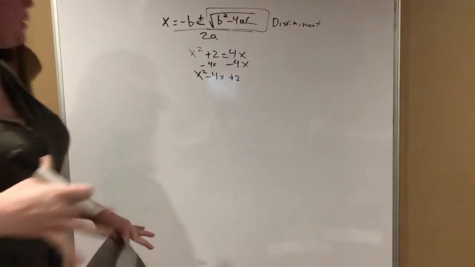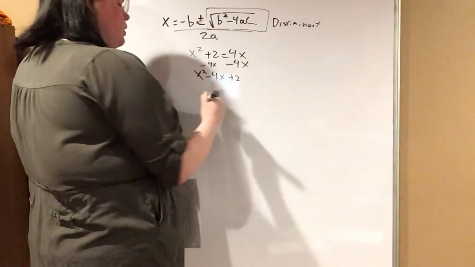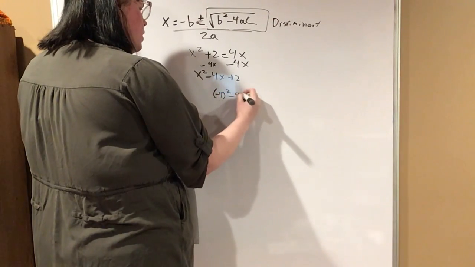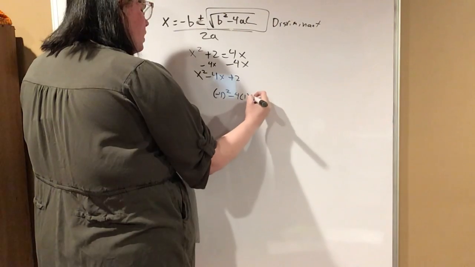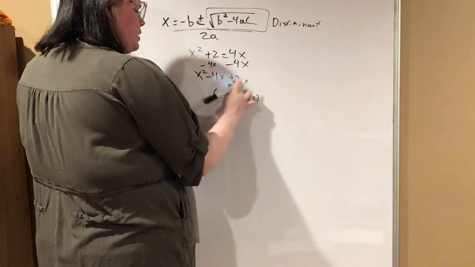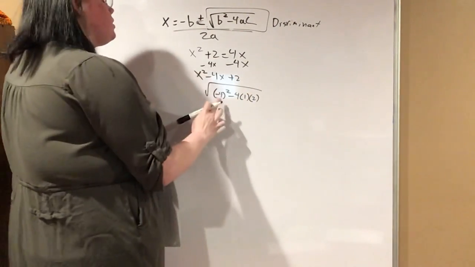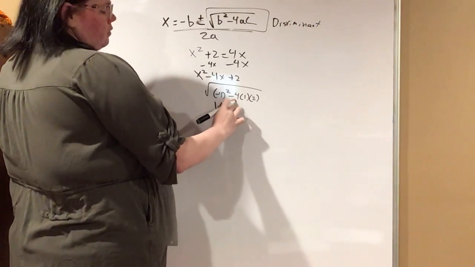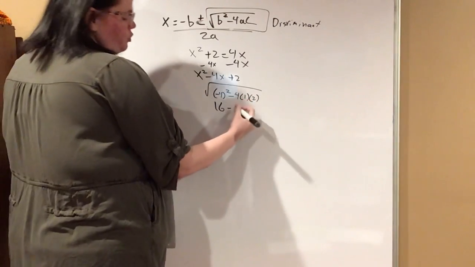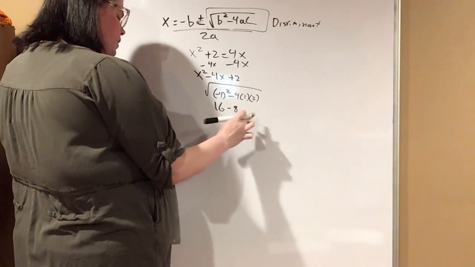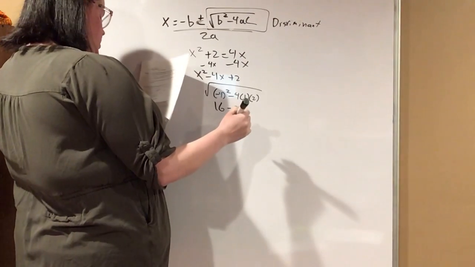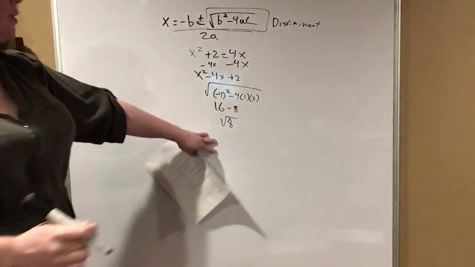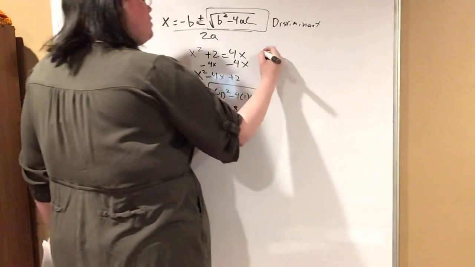Using the discriminant, we use our b: negative 4 squared minus 4 times 1 times 2, a and c. So negative 4 times negative 4 is 16, minus 4 times 1 times 2 is 8. 16 minus 8 is 8. And since it's positive underneath the discriminant, that means we will have two solutions.